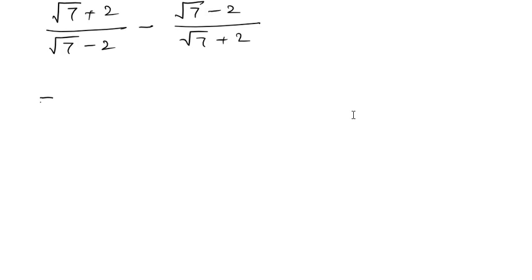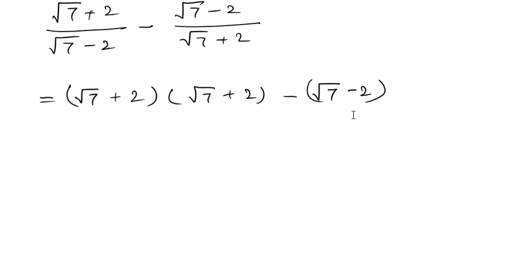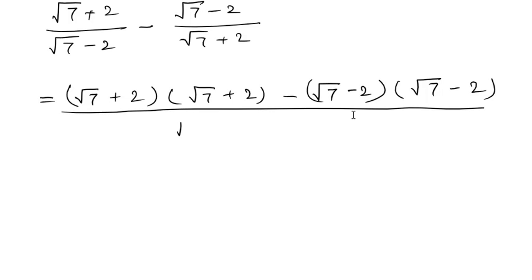So we cross multiply, and we will get (root 7 plus 2) into (root 7 plus 2), minus (root 7 minus 2) into (root 7 minus 2), whole divided by (root 7 minus 2) into (root 7 plus 2).